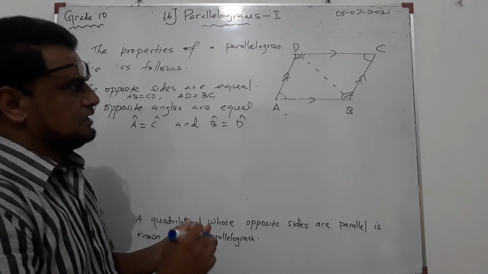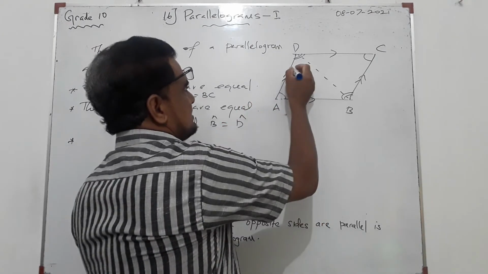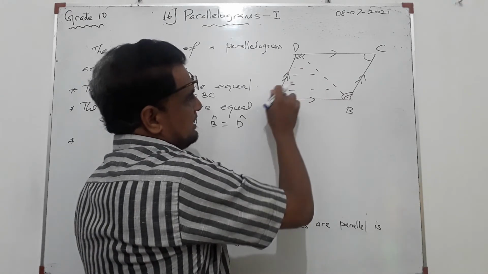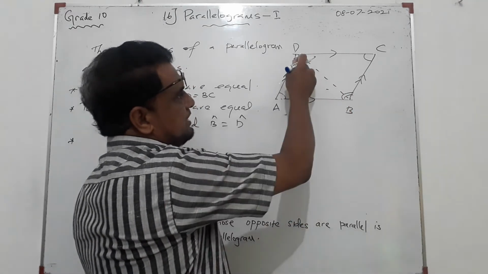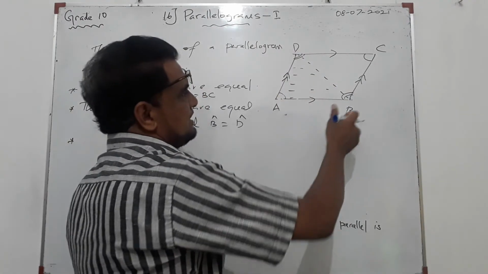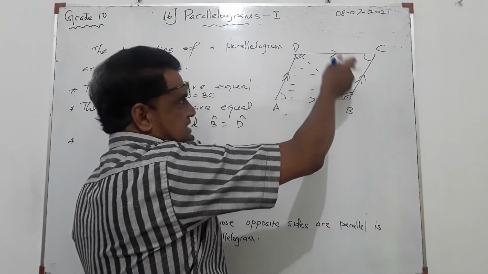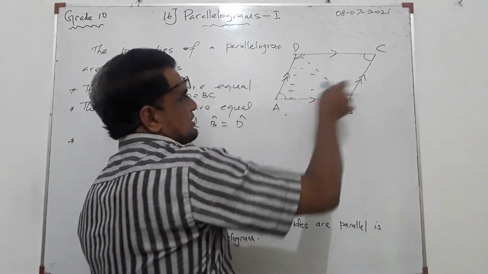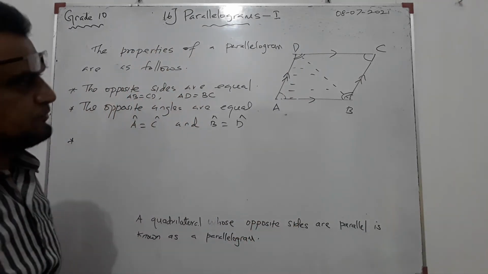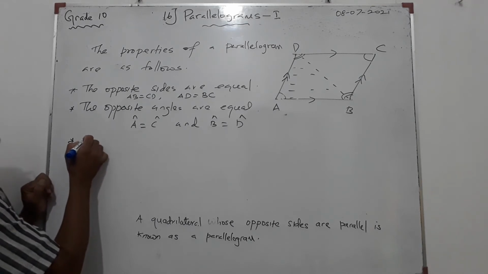That means the area of triangle ABD equals the area of triangle BCD. That means this diagonal BD bisects the complete area of the parallelogram. So we can write the conclusion.